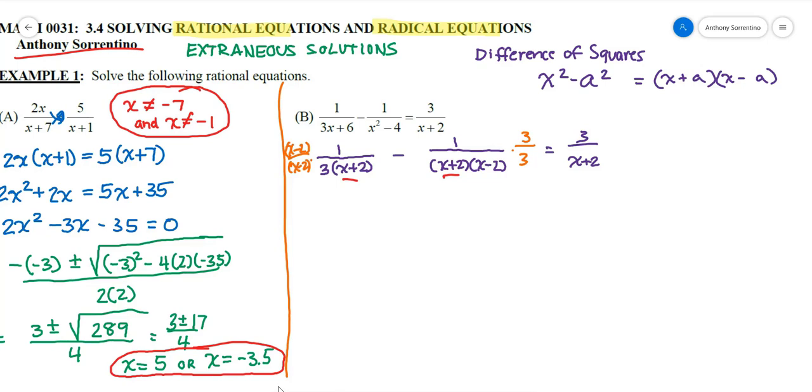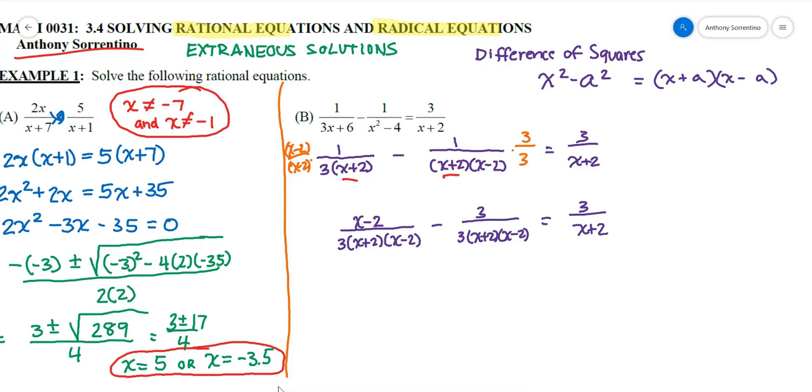And so what that's going to give me is x minus 2 over 3 times x plus 2 times x minus 2, minus 3 over 3 times x plus 2 times x minus 2, which equals 3 over x plus 2. I haven't done anything to the right-hand side because I already have a single fraction over there.